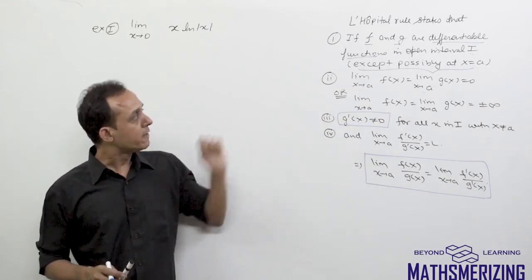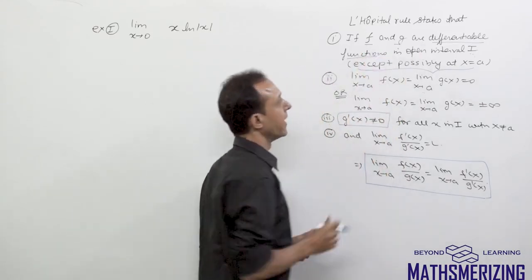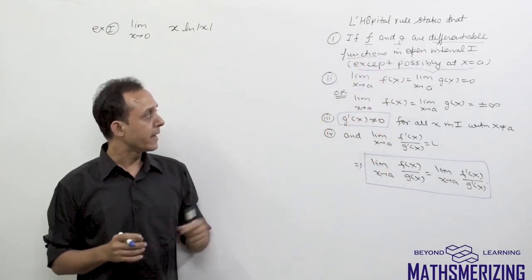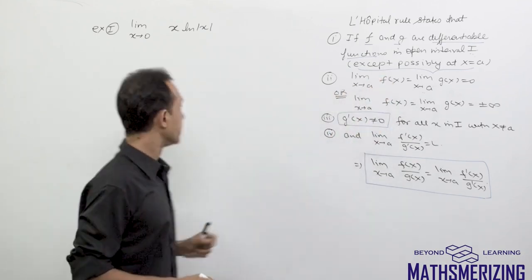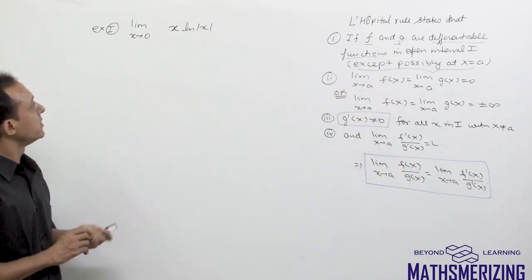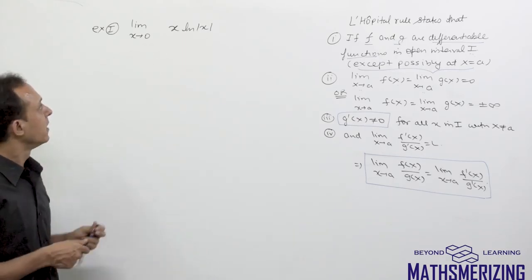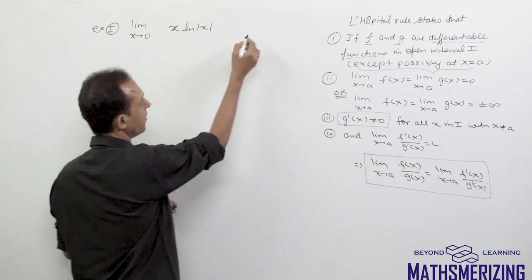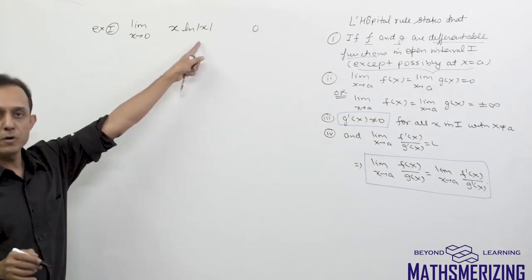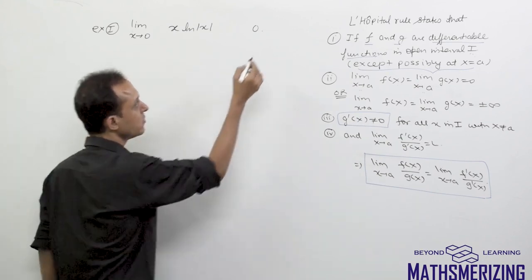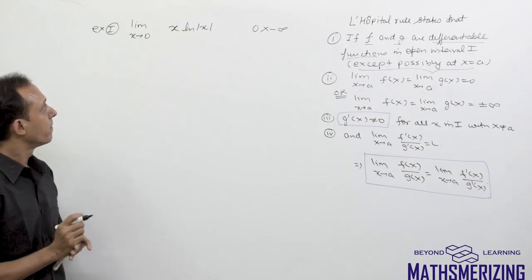Now we look at all the four conditions. The first condition is that the functions f(x) and g(x) have to be differentiable functions except possibly at x equal to a. So let us take one example, which is the limit as x tends to 0 of x log|x|. If I put x as 0, it will be 0, and log 0 tends to minus infinity, so it is 0 into minus infinity form.